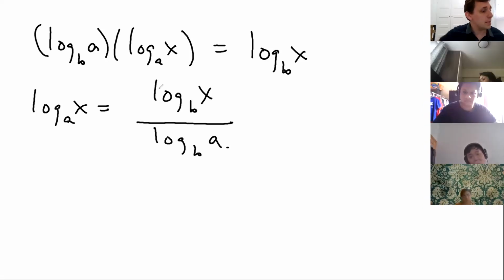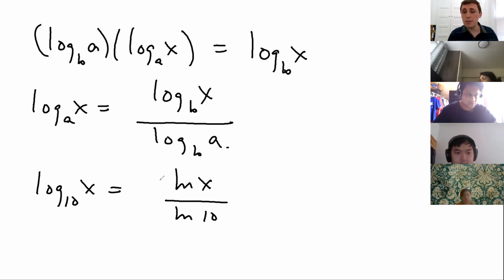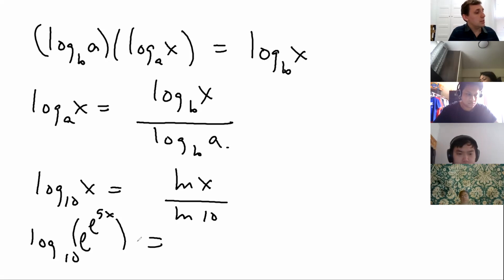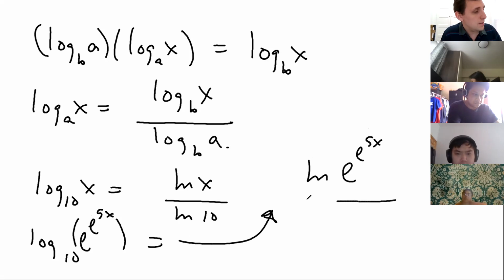And so what happens in our situation? For instance, log base 10 of x will equal ln of x divided by ln of 10. That's what this means in our case. So that means that log base 10 of e to the power of e to the power of 5x will be the same thing as ln of e to the power of e to the 5x divided by ln 10.